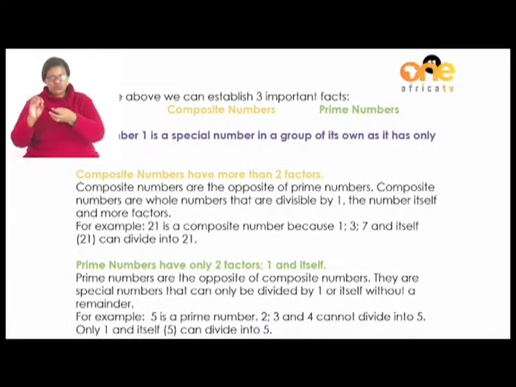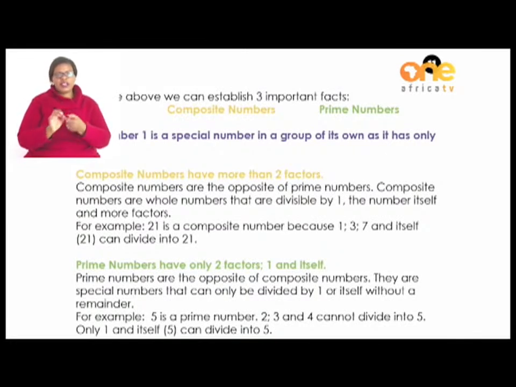For example, 21 is a composite number because 1, 3, 7, and itself can divide into 21. So in layman's terms, in simple English, a composite number must have 3 or more factors.